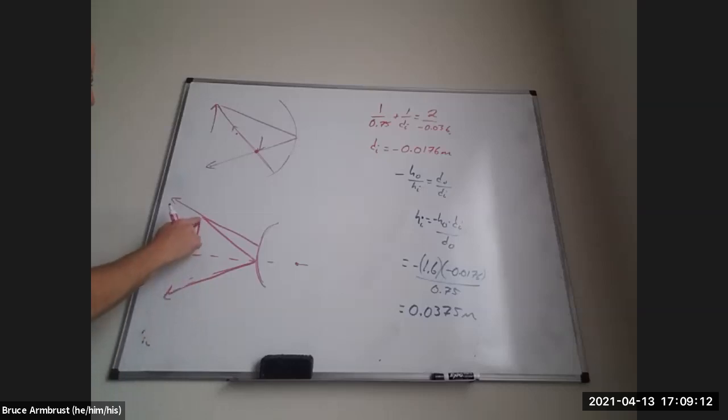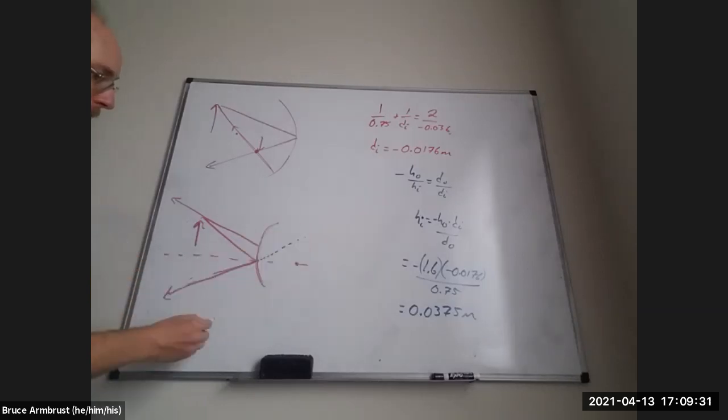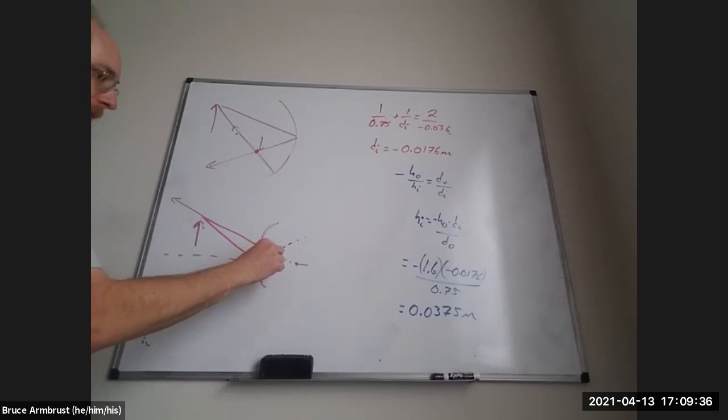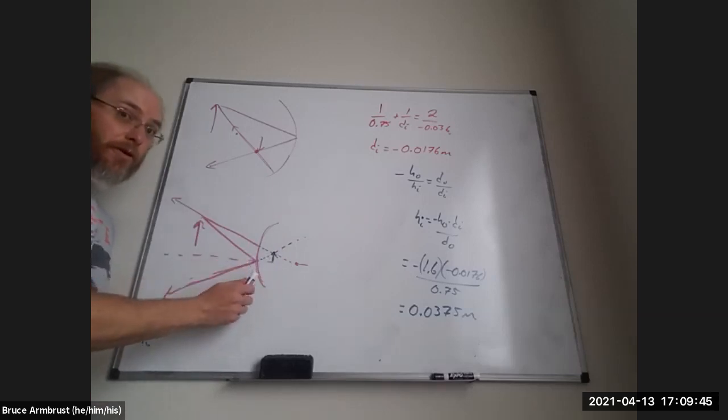Now notice that those two rays don't come together. They came together where our object was, but they don't come together otherwise. So what we would have to do is backtrack them. And so they don't come together, but they appear to come together back over here. So that's why this one's virtual.